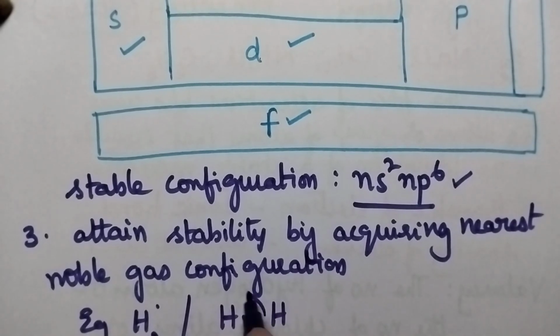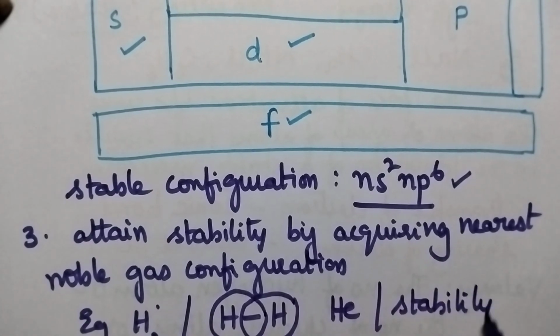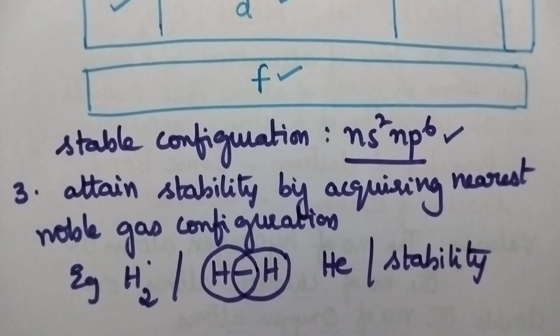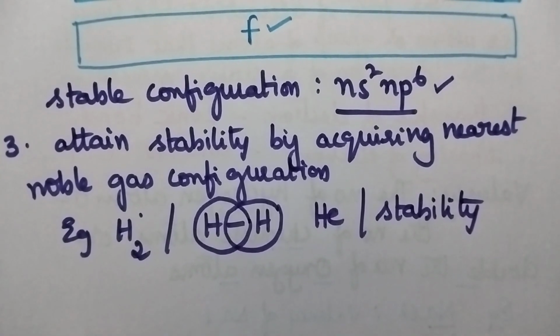With the result, each hydrogen atom will get the helium configuration and attain stability. So in that way, each and every atom will attain stability by acquiring the nearest noble gas configuration.